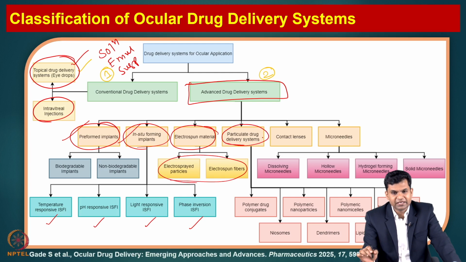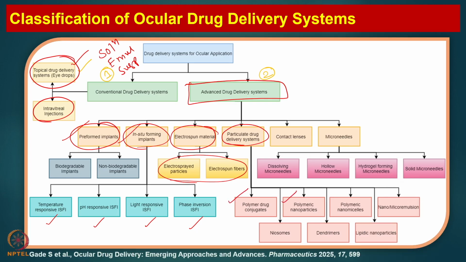And also we have particulate drug delivery systems, which can be further classified into polymer drug conjugates, polymer nanoparticles, polymeric nanomicelles, nano and micro emulsions, niosomes, dendrimers, and lipid nanoparticles. This can also be classified into contact lenses and microneedles.